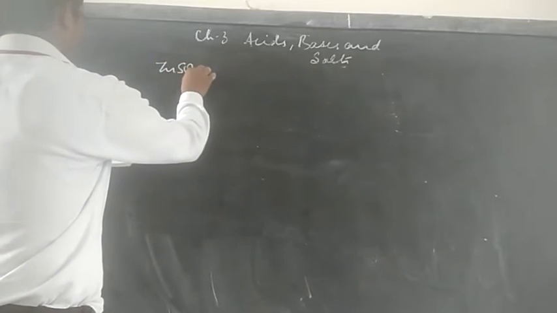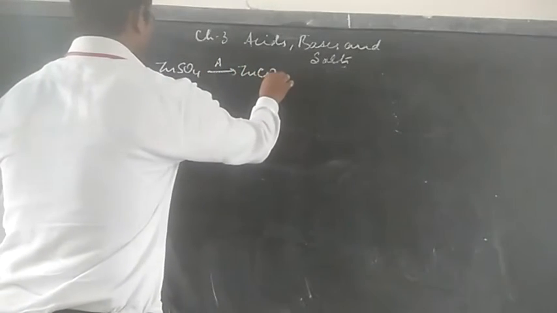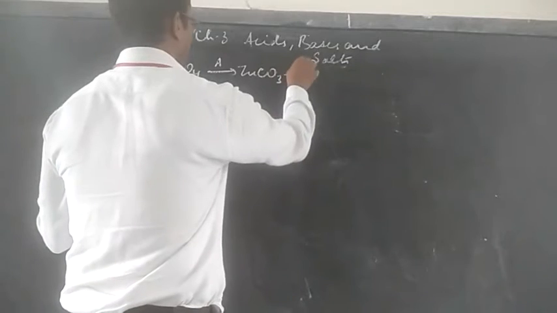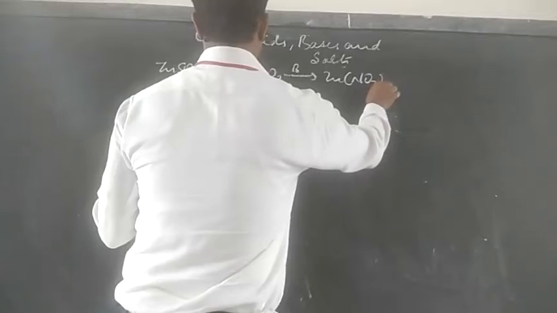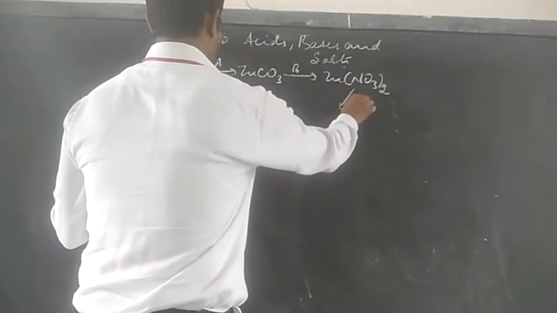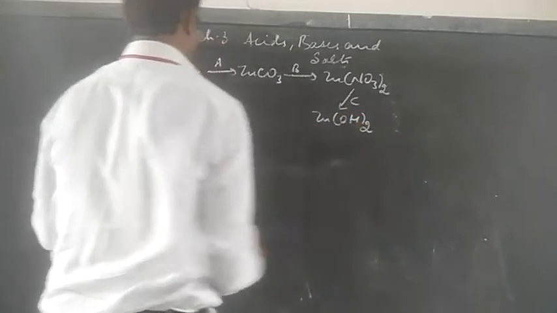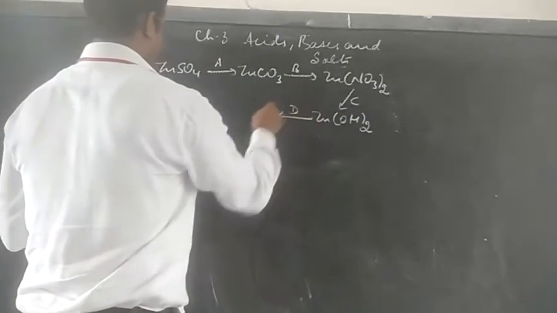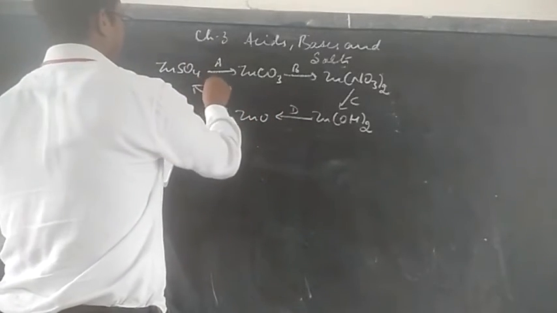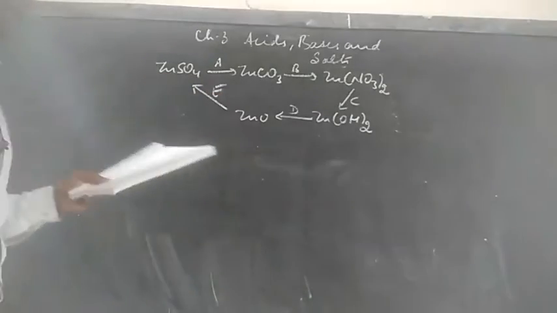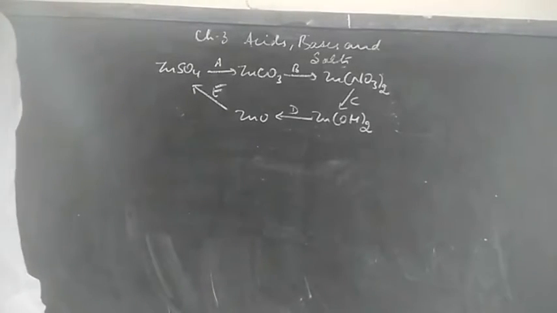Zinc sulfate, zinc carbonate, then zinc nitrate, zinc hydroxide, number D is zinc oxide, and then number E is back to zinc sulfate. Let us see how to do this.